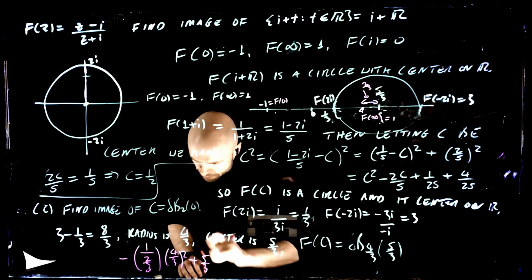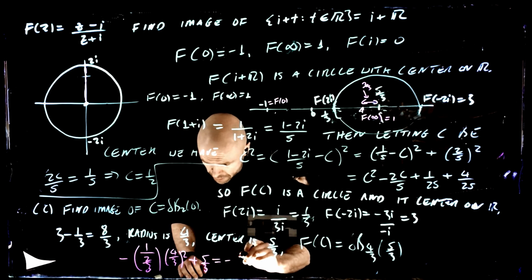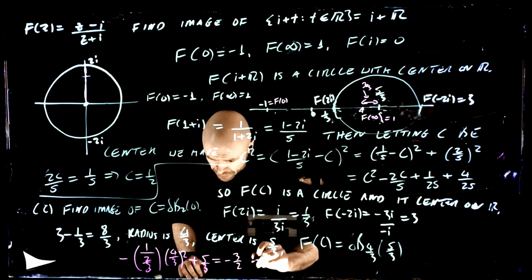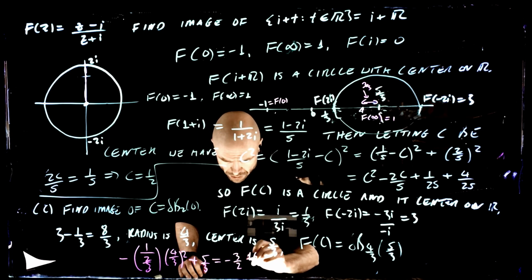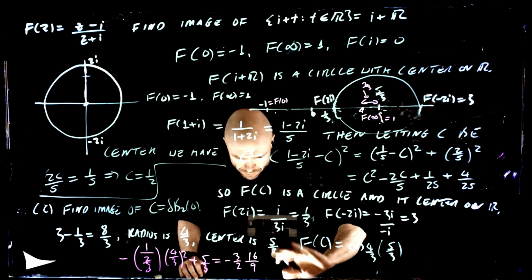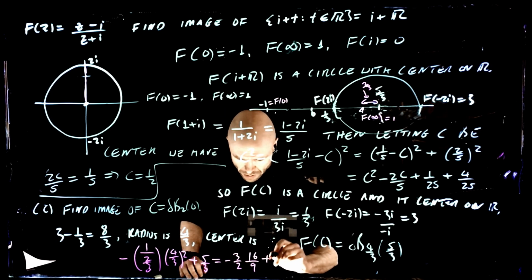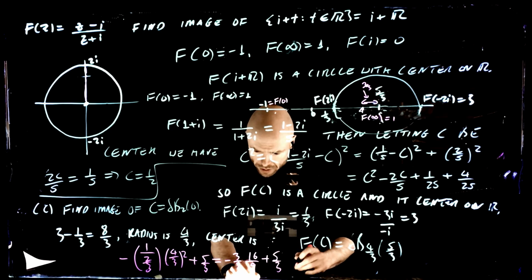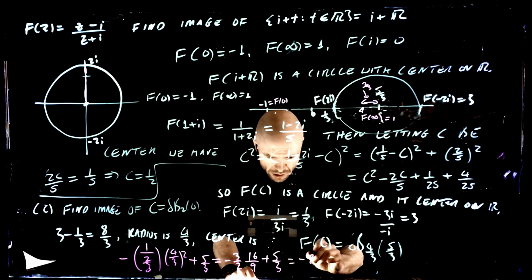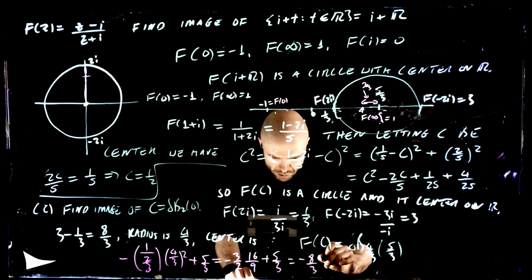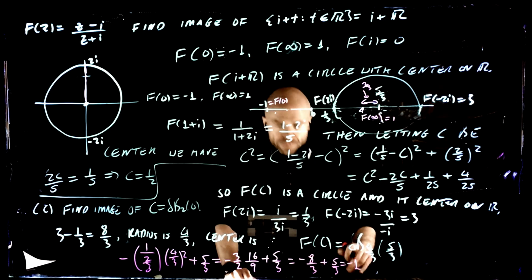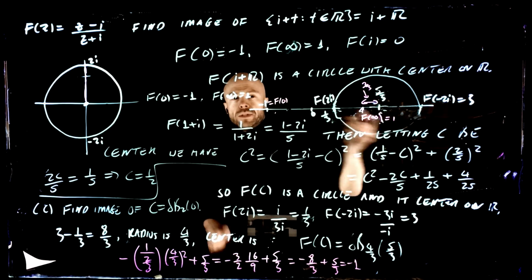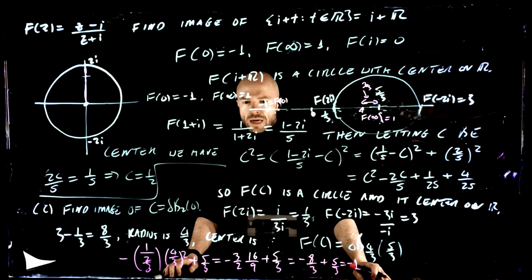So this is 3/2, and this is 16/9, so we're going to get -8/3 plus 5/3, which is indeed -1, right? So this symmetry is exactly happening as claimed.